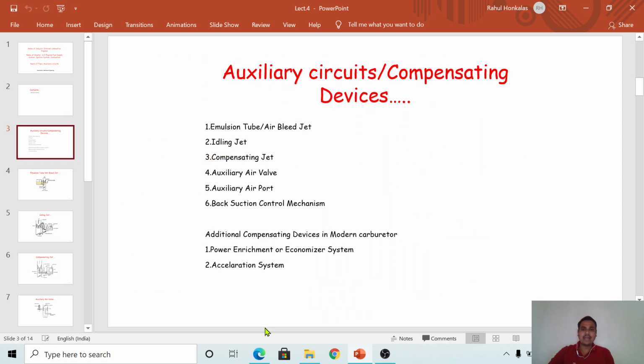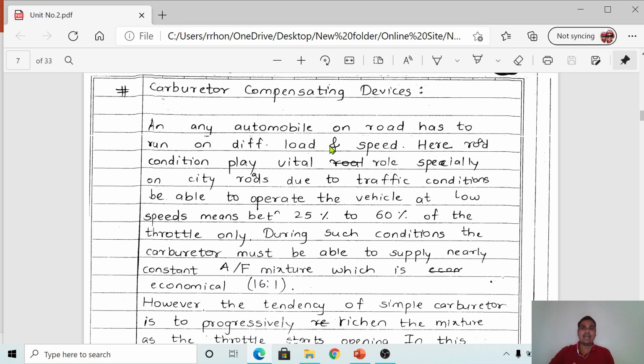Again, with the help of these notes, we can understand what we mean by compensating or auxiliary circuits. Any automobile on the road has to run under different load and speed conditions. Here the road conditions play a vital role, especially on city roads.